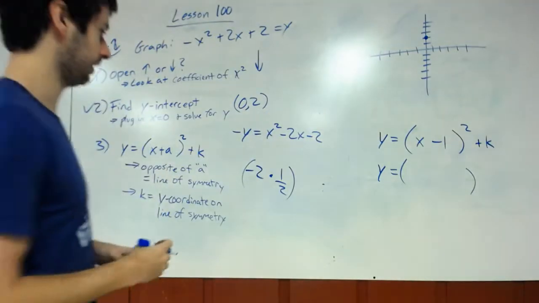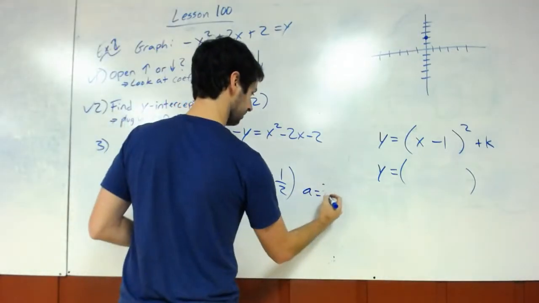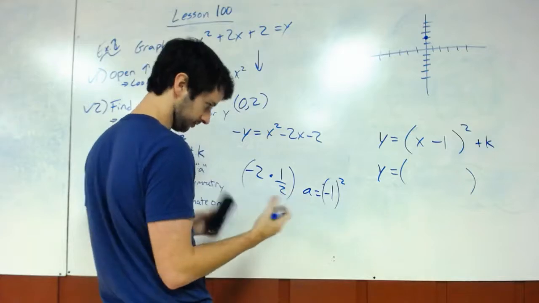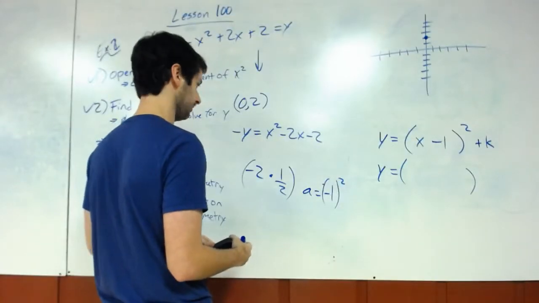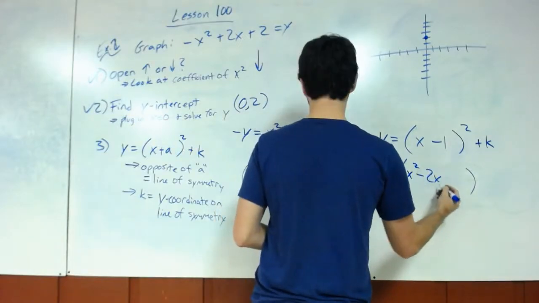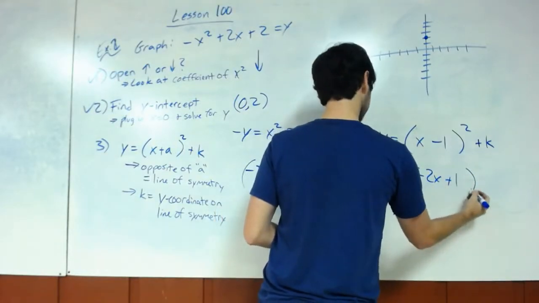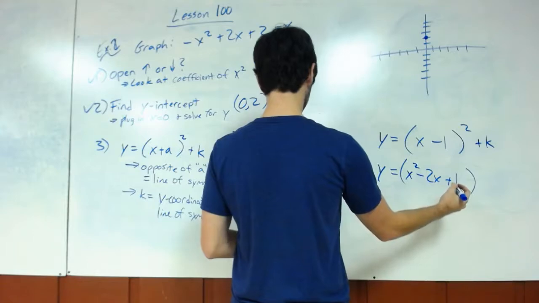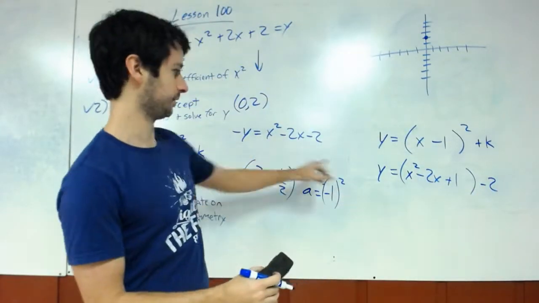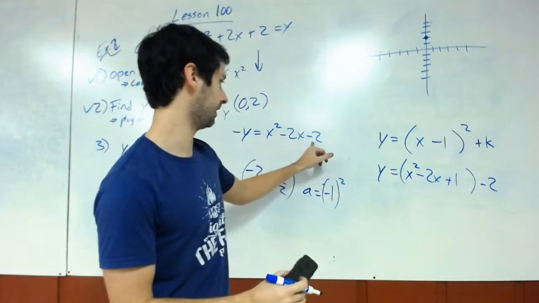So negative 1 would be a. Now we take that and we square it. So that squared would be a positive 1. So we plug in a positive 1 here. X squared goes there, negative 2x, that negative 2 goes in that spot.